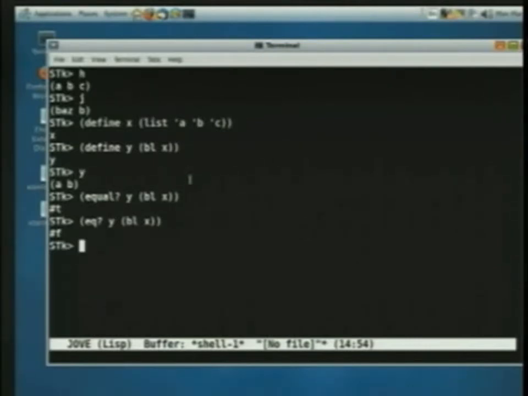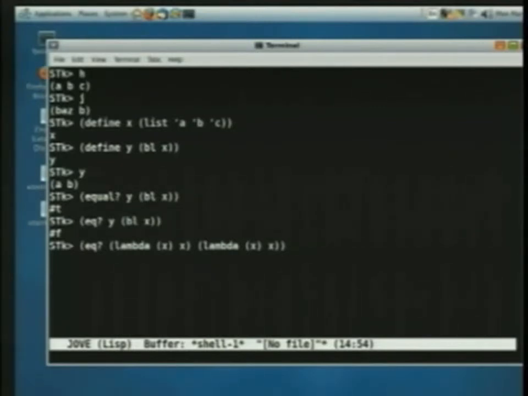The trouble is, knowing whether two things are mathematically the same is very tricky. So what should the answer be to this? What should the answer be?